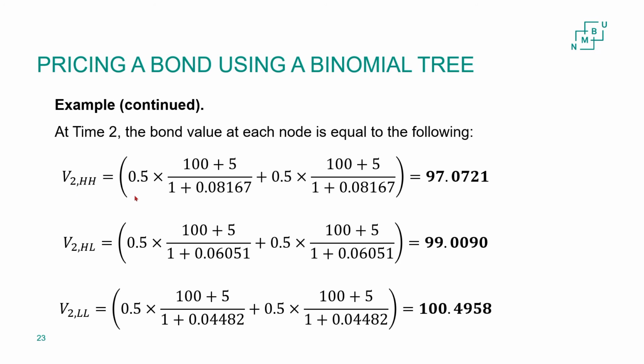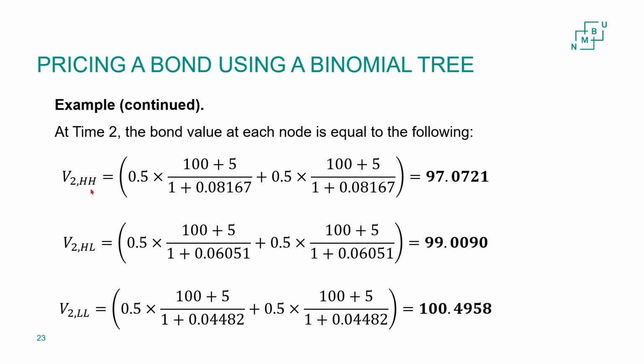Okay? And we have to do this for the up move and the down move. Okay? And the present value is 97.07 for this particular node.